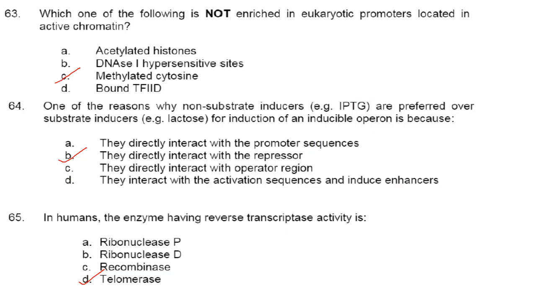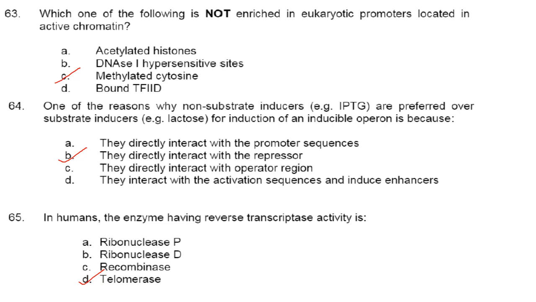Then which one of the following is not enriched in eukaryotic promoters located in active chromatin? Okay, so the answer here is option C, that is methylated cytosine. Now DNase 1 hypersensitive sites are regions of chromatin that are sensitive to cleavage by the DNase 1 enzyme. In this region, chromatin has lost its condensed structure, exposing the DNA and making it accessible.